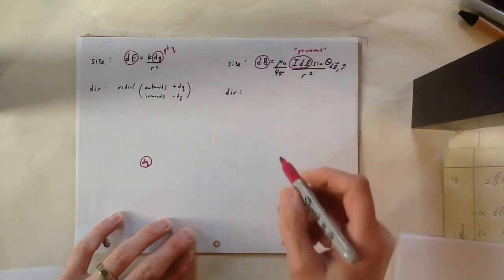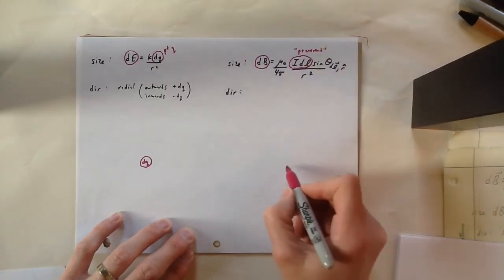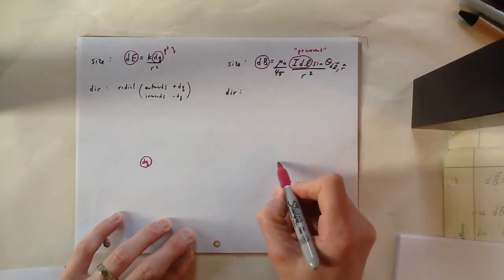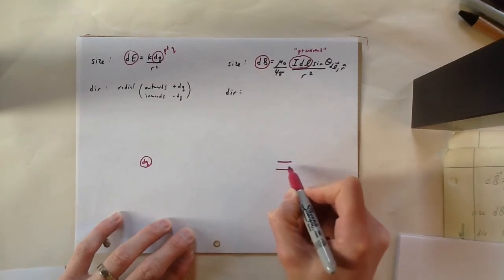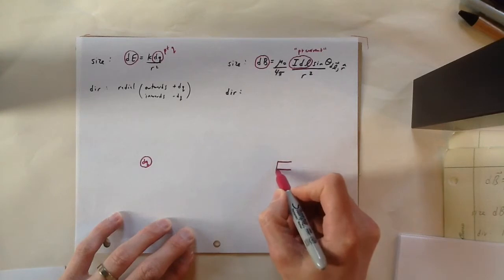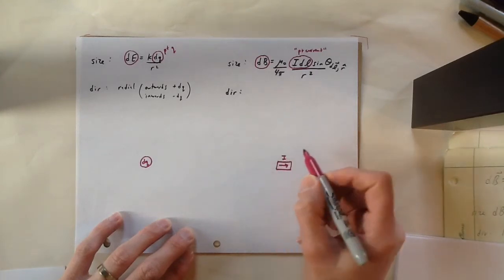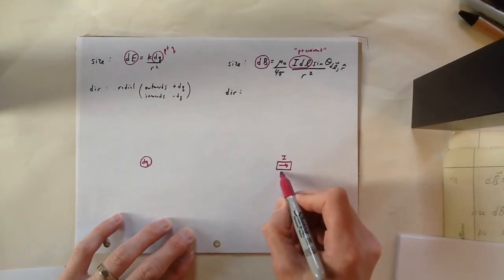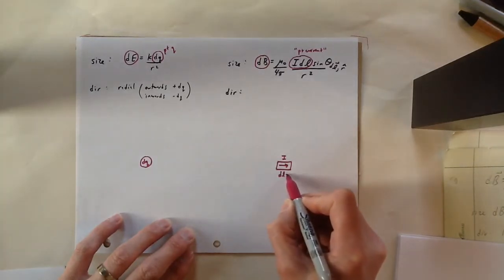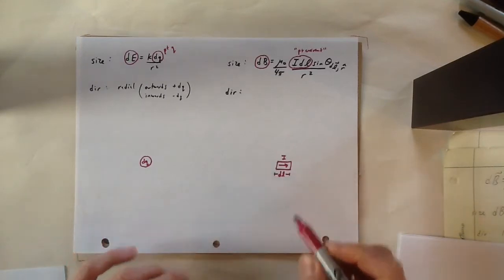Now it's not that the current is very small, but it's a very, very small segment of a wire. There's a very small segment here that has current I going through it, but its length is really small. So this length is very short, so this is dl.